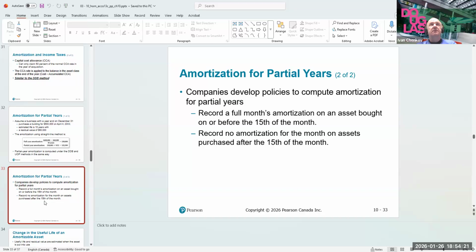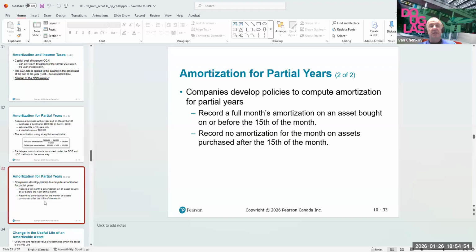One approach is if you purchase the asset between the first of the month and the 15th of the month, you start amortization at the beginning of the month. If you acquire the asset between the 15th and the end of the month, then you're just leaving the first month and start accumulating amortization from the next full month.